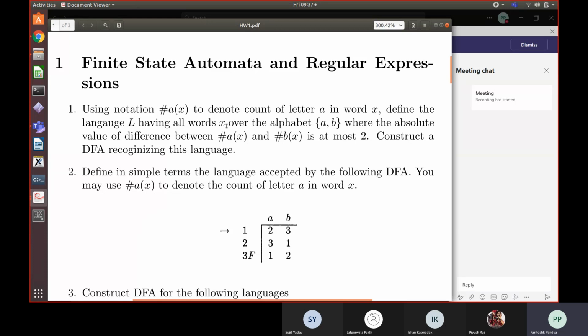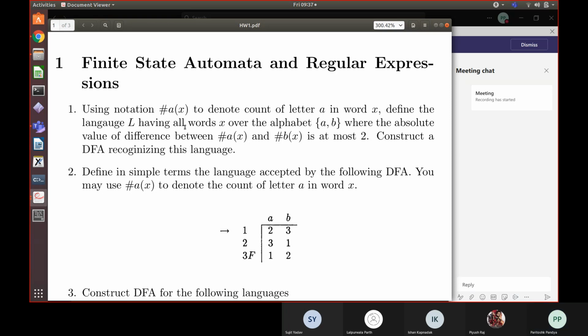In the first exercise, I asked you to define a language mathematically using the set builder notation. Here you can use the number of times A occurs in a word X, denoted by hash A of X, as a notation. You are supposed to define a language of all words where, if you count the number of occurrences of A and of B and take the difference, the absolute value of this difference is at most 2.